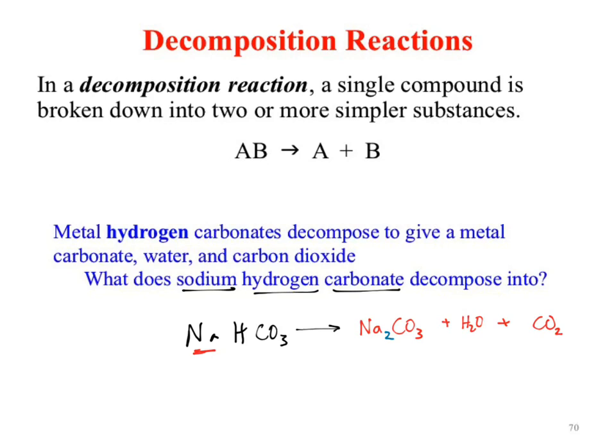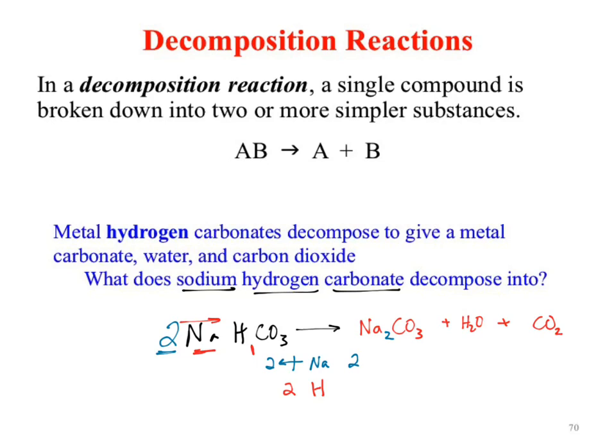If we now attempt to balance this, sodium's on the left, 1. Sodium's on the right, 2. Not balanced. How do I fix that? I need a 2 out front. Remember, balancing the equation, I have to change the coefficients. Hydrogens on the left, I see 1 in the formula, but there's 2.